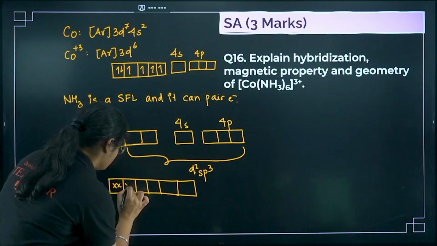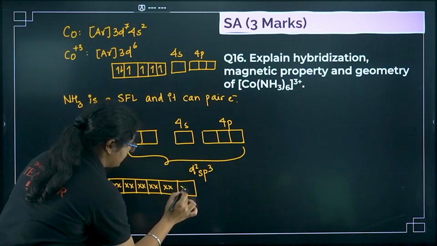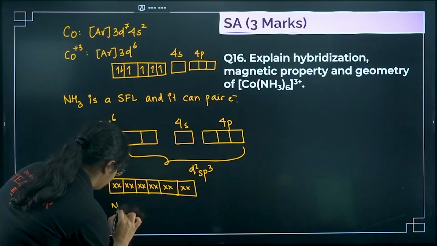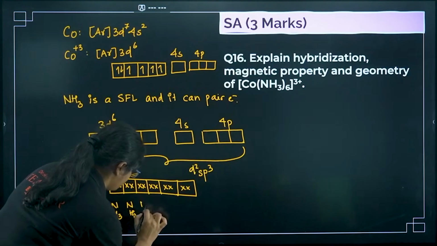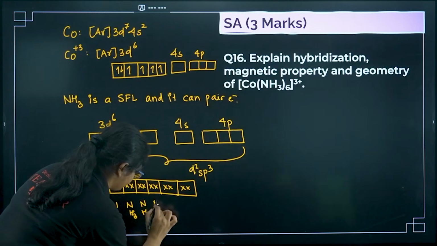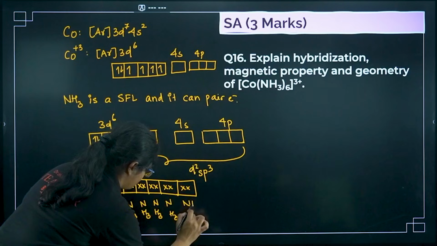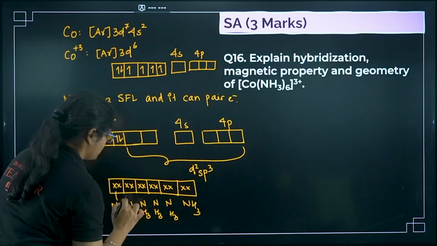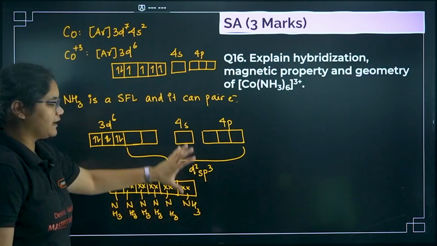The ligand, that is NH3, will come and donate the electrons. So I'll just write down here that these all will donate the electrons. Clear? Now with this the answer writing part is over.